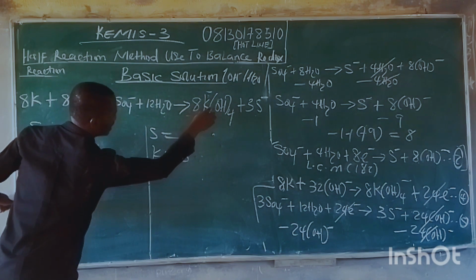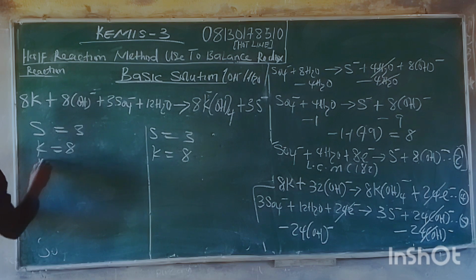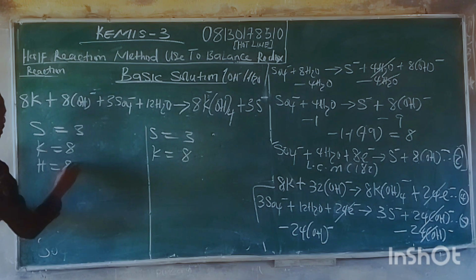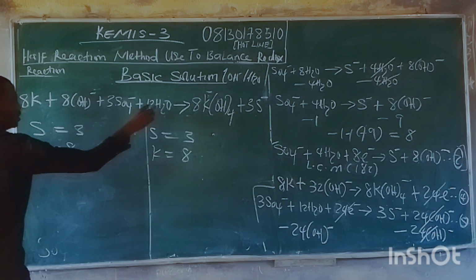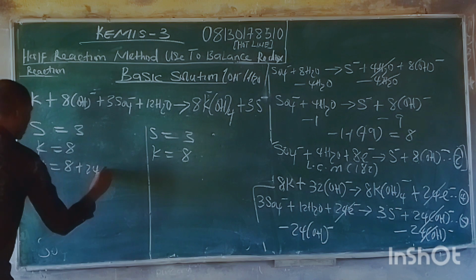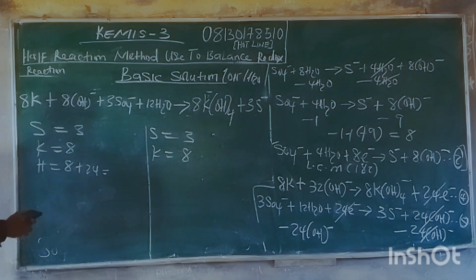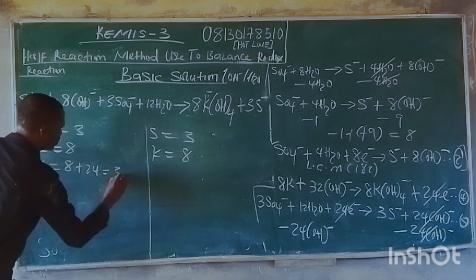Potassium is 8. Now, hydrogen is 8 plus 24, that is 32.